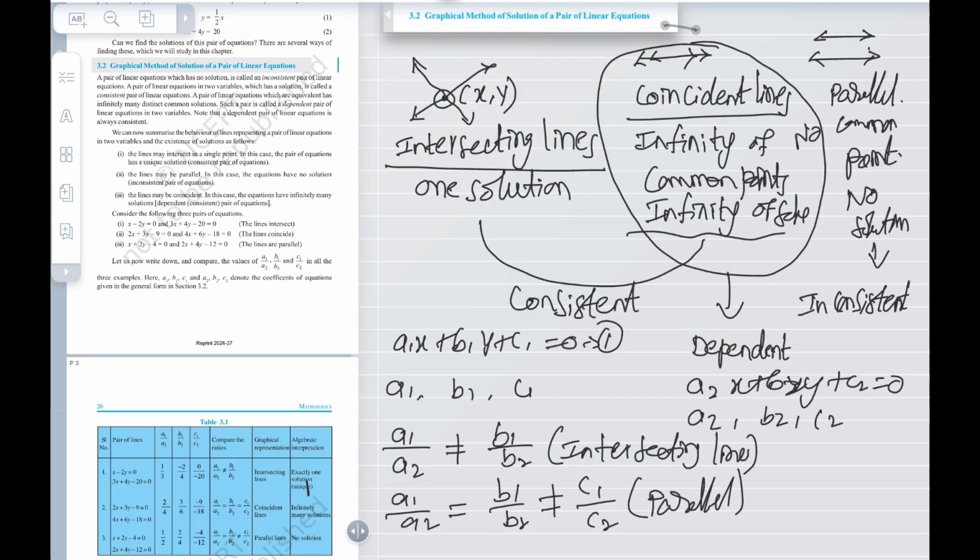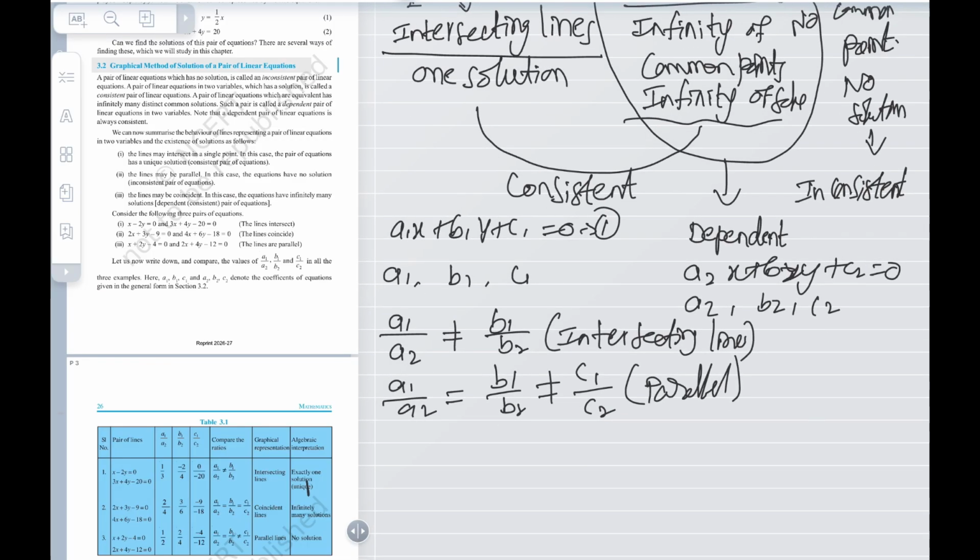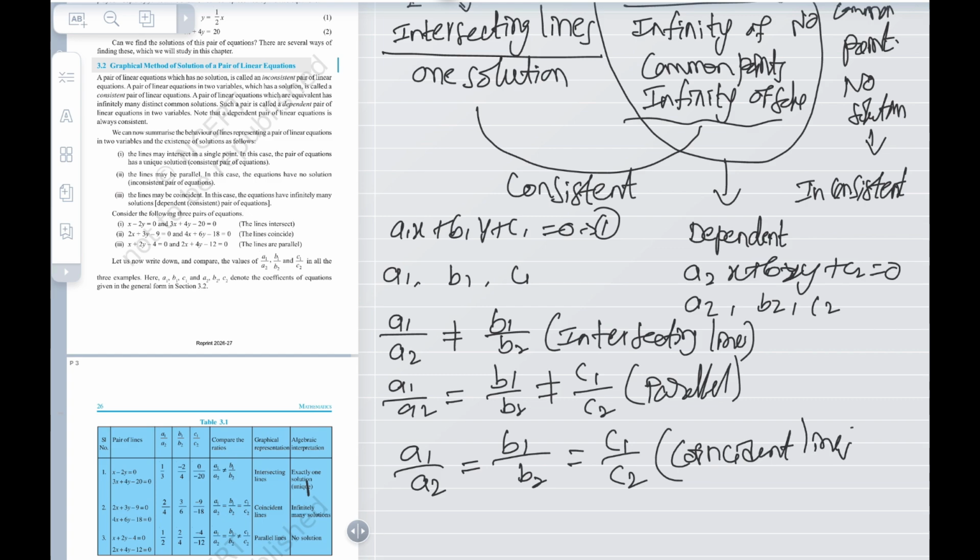And if a1 by a2 equals b1 by b2 equals c1 by c2, then those equations are coincident lines. So before drawing the graph, we can analyze by comparing their coefficients and constant terms.